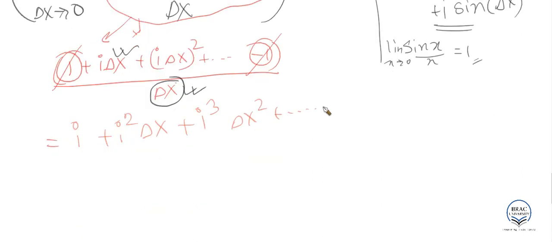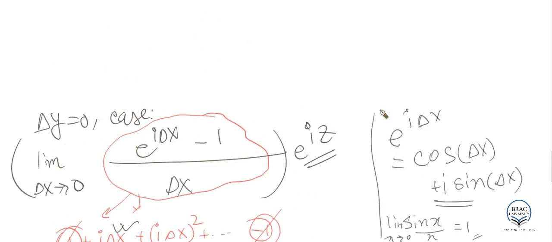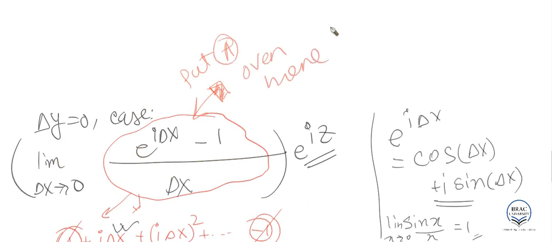And let's call this expression A, and let's put expression A over here. So we finally have the limit as del x goes to 0.